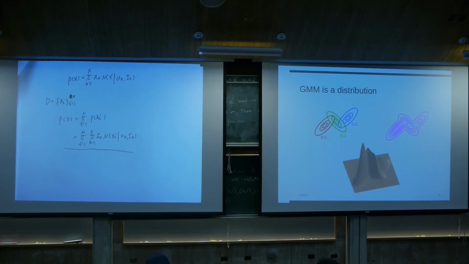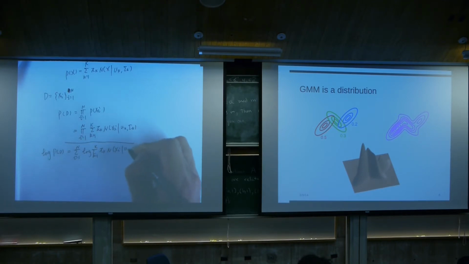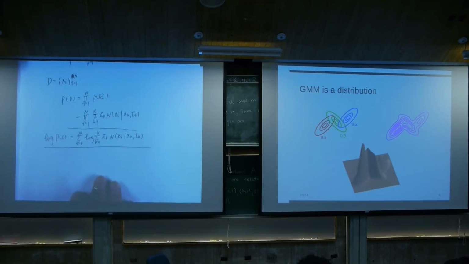However, this is very hard. Let's take a naive try. Usually we maximize the log likelihood log p(D), which is the sum over i from 1 to n of the log of the mixture density. Naively we can try to maximize this function to get the values of the parameters.